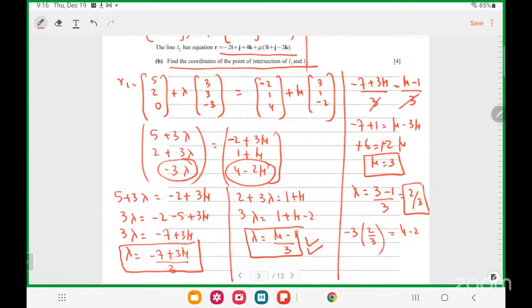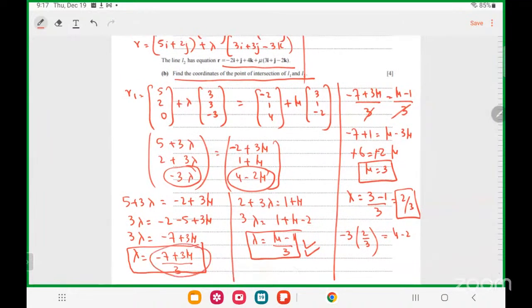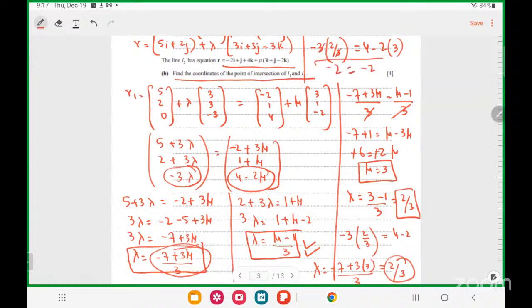If I substitute lambda in the other, lambda is minus 7 plus 3 mu, mu is 3, upon 3, is 2 upon 3. आप चाहे इसमें डालें या उसमें डालें, सेम आना चाहिए. एंड दोनों में 2 अपॉन 3 आ रहा है. लैम्डा इज 2 अपॉन 3, माइनस 3 लैम्डा इज माइनस 2. 4 माइनस 2 म्यू दैट इज माइनस 2. ये माइनस 2 है, ये भी माइनस 2 है. राइट हैंड साइड इज लेफ्ट हैंड साइड, which is very clear indication that the lines are intersecting and we are doing things in an absolute correct manner.